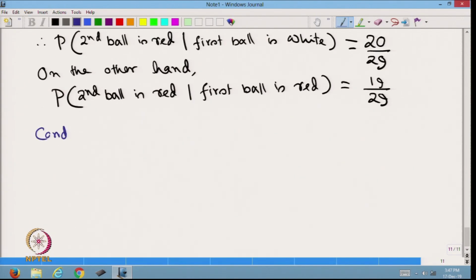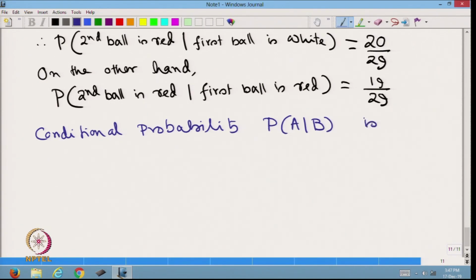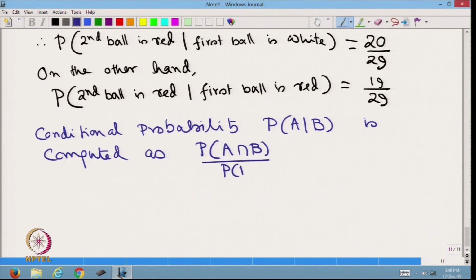Conditional probability: the probability of A given B is computed as the probability of A intersection B divided by the probability of B, when the probability of B is greater than 0.